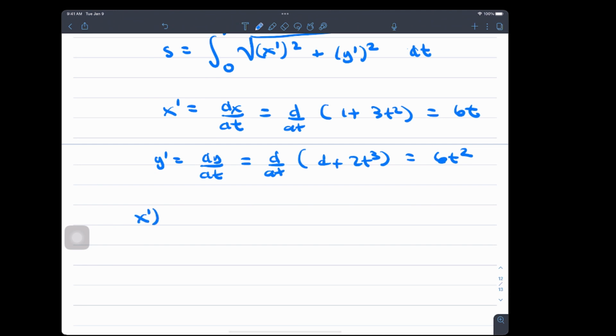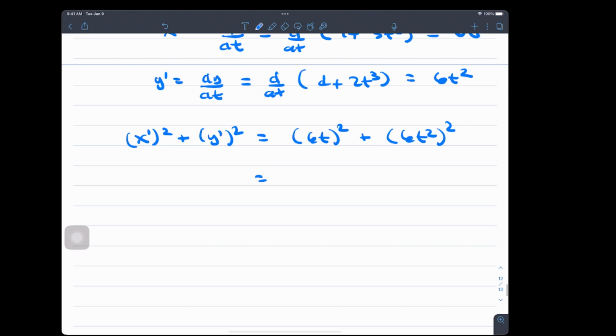So x prime squared plus y prime squared is (6t) squared plus (6t squared) squared, which gives you 36t squared plus 36t to the 4th.